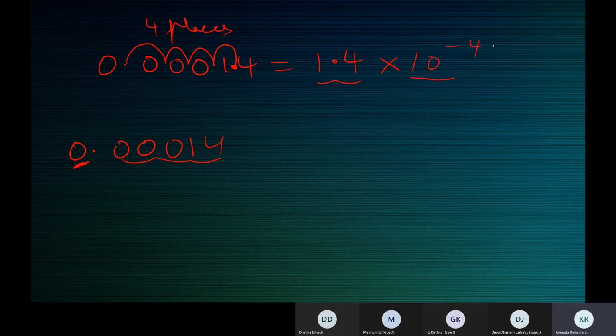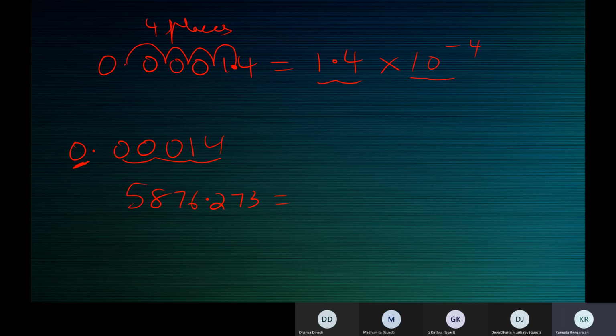So negative 4. Now when will it be positive? Supposing the number is 5876.273.